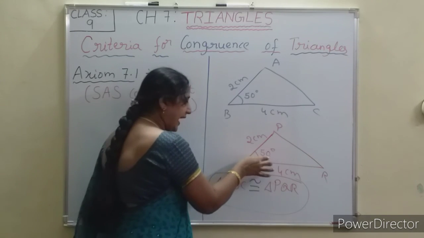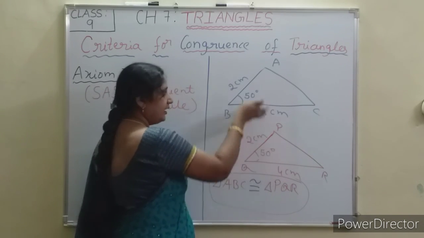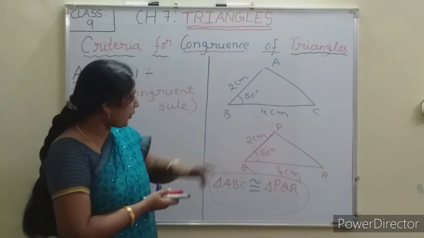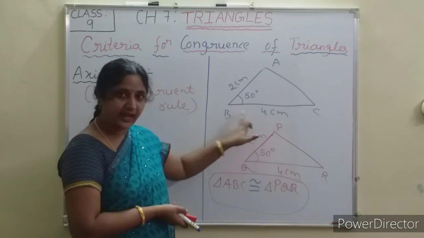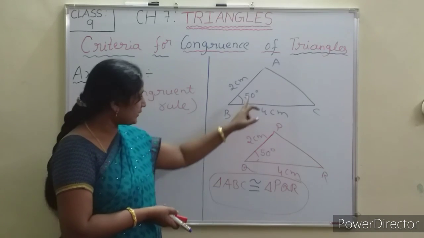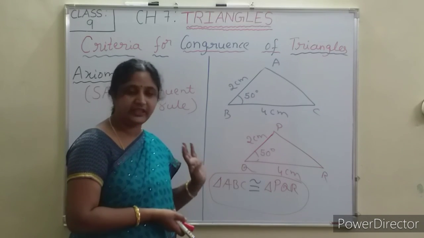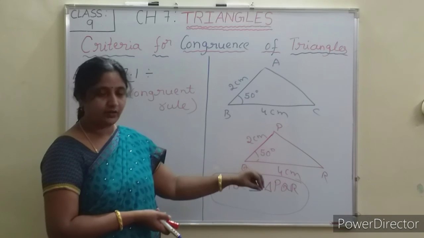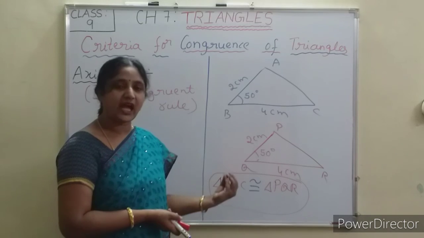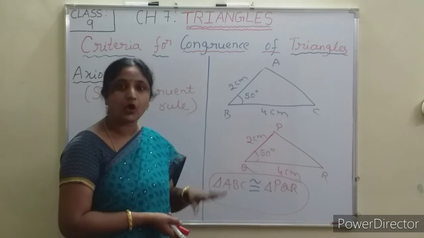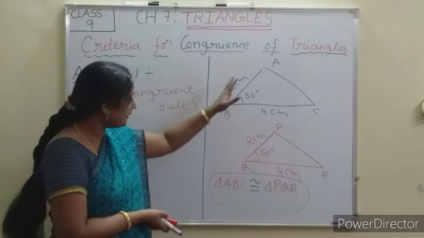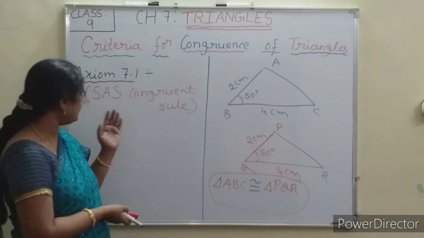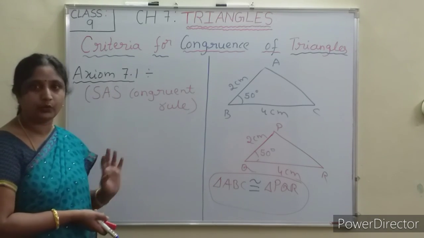So the corresponding two sides are equal, and the corresponding angles of 50 degrees are equal. That means without checking the third side and the other two angles, without testing, we can say these two triangles are congruent by using this SAS congruent rule.